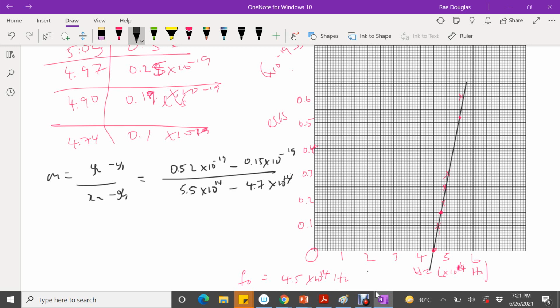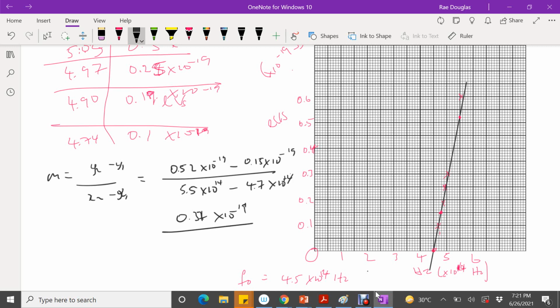So calculators now. We have 0.52 minus 0.15. For the numerator, I get 0.37 times 10 to the minus 19. Divide that now by the denominator.